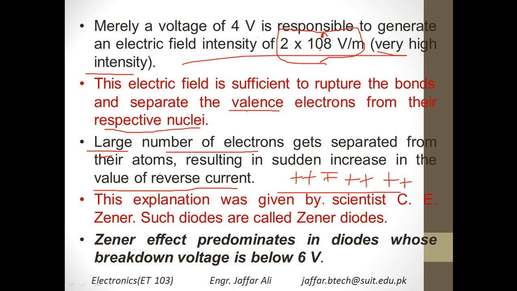This explanation that I just gave you was given by the scientist C. Zener, and the diode is named after this scientist. The Zener effect predominates in diodes whose breakdown voltage is below 6 volts.